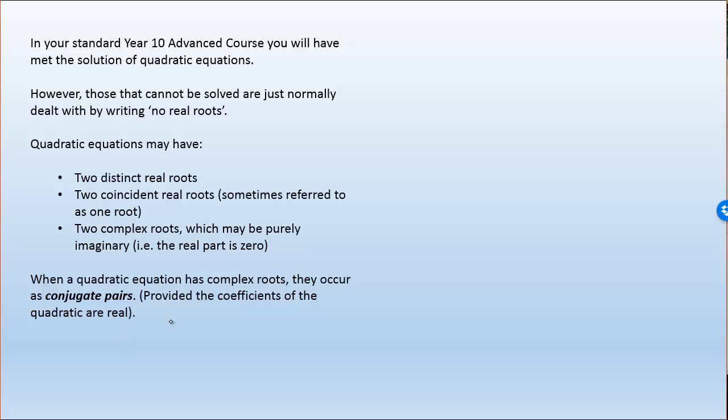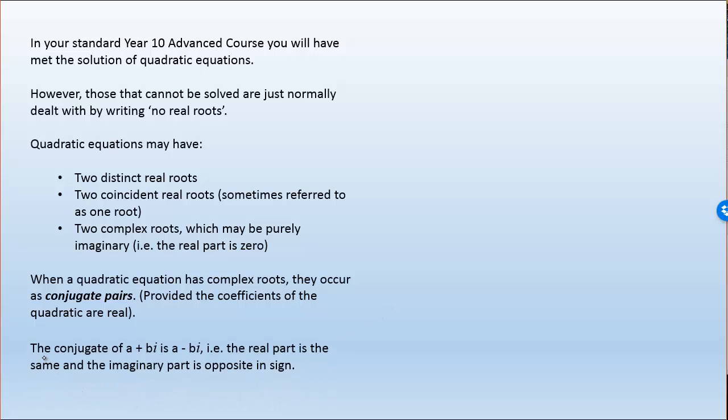I don't think you're going to meet any where they're not. What do we mean by a conjugate? Well, the conjugate of a plus bi is a minus bi, i.e. the real part is the same and the imaginary part is opposite in sign.